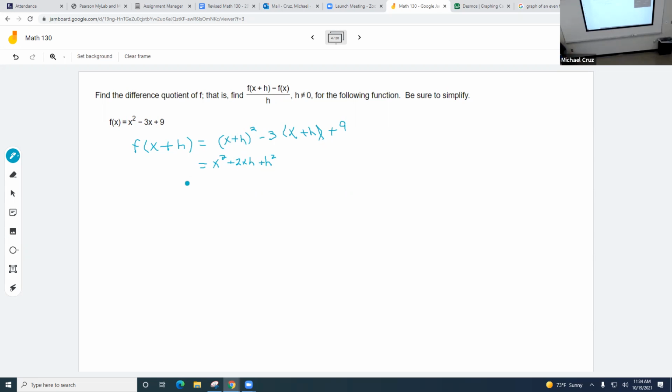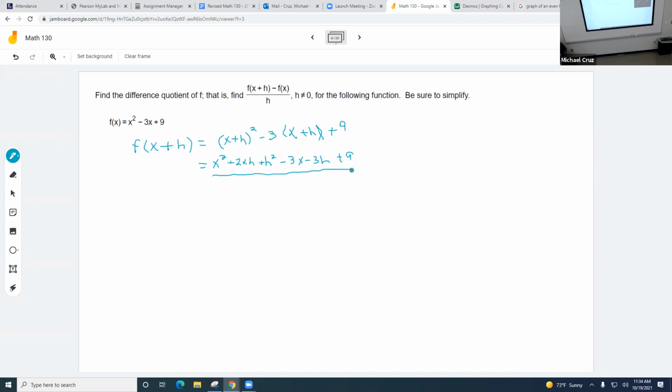I'm just taking advantage of the formula. Okay, is there anything that goes together here? I don't think there is yet. So that's f of x plus h.